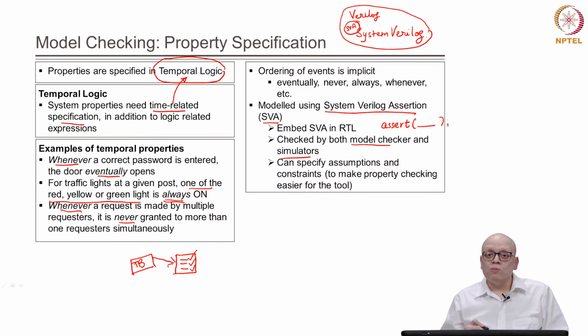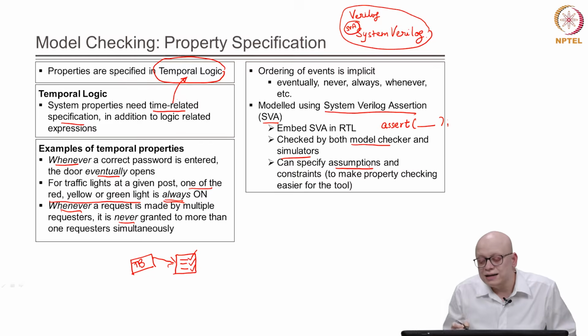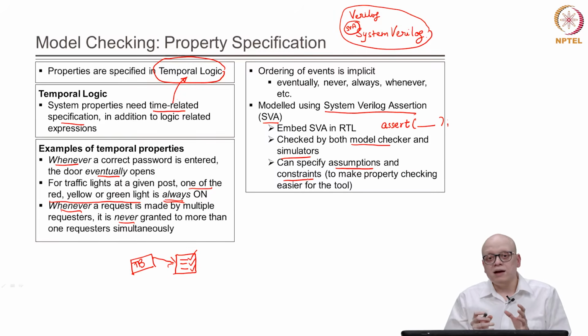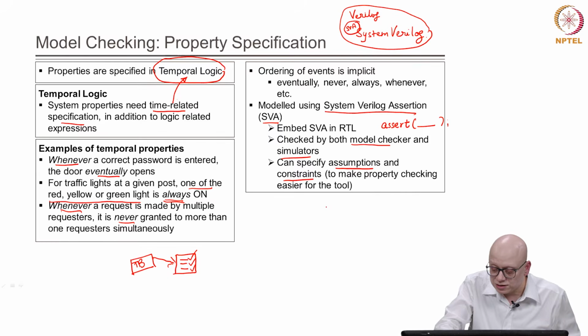Now, while specifying the properties, we can also specify some assumptions and constraints which will help the model checker perform the property checking more efficiently. There are keywords in SystemVerilog assertion: assume and restrict.